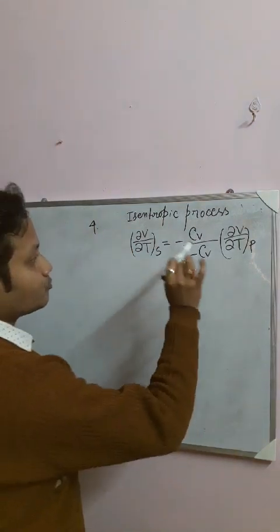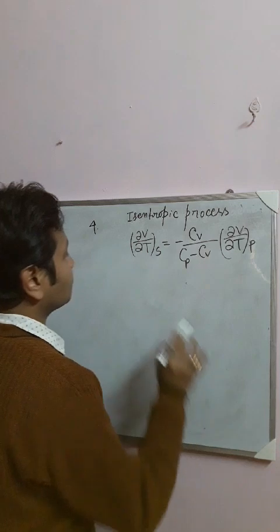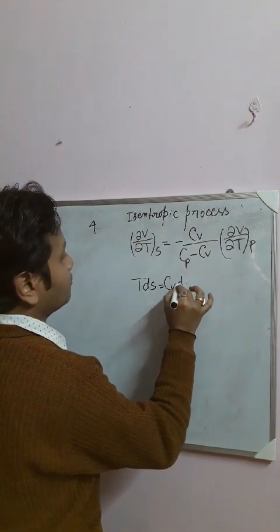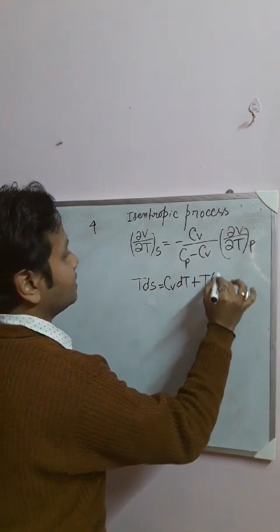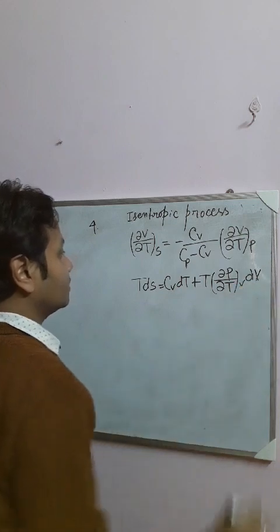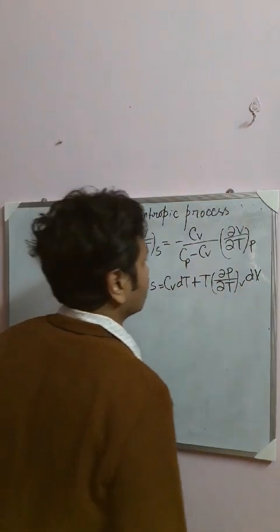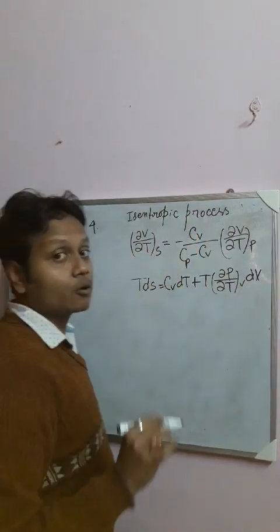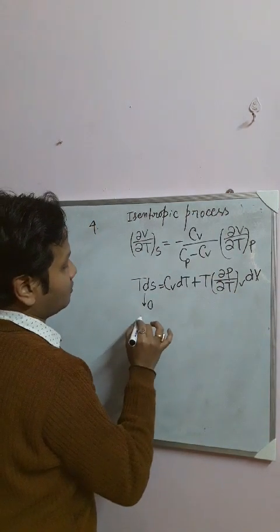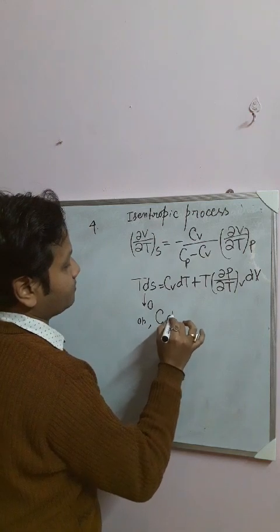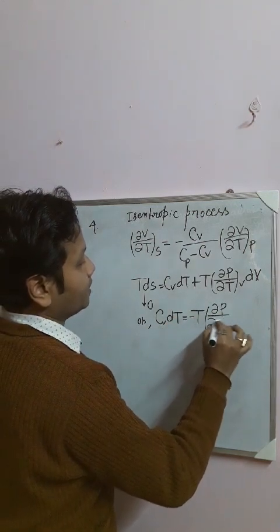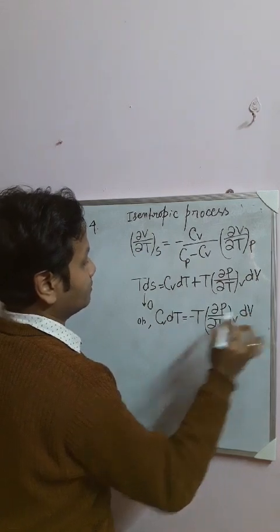So we have to start from the first TdS equation, that is Cv dT plus T into del P del T at constant volume dV. Now for an isentropic process, entropy remains constant, that means the left hand side is 0. So we can write Cv dT equals minus T del P del T at constant volume dV.